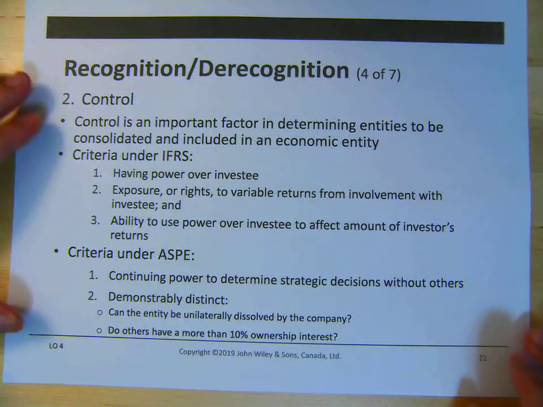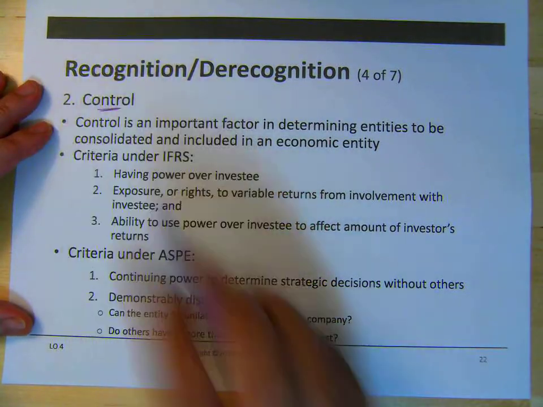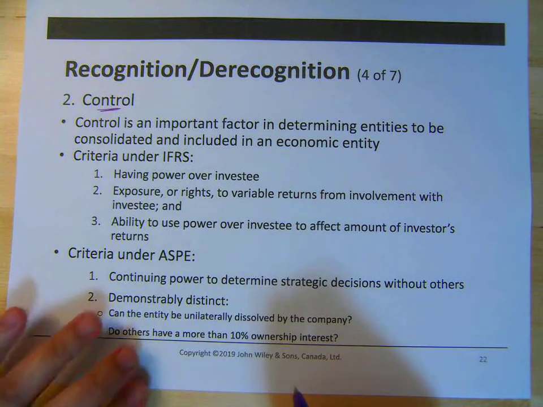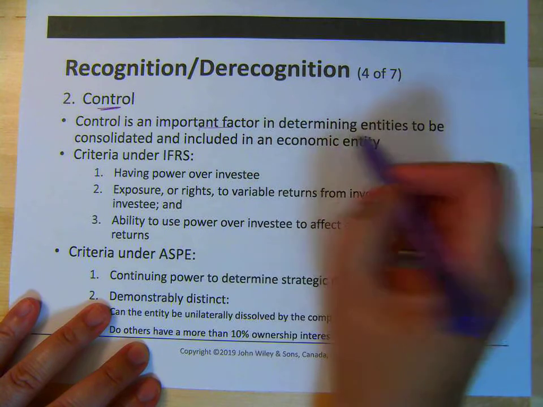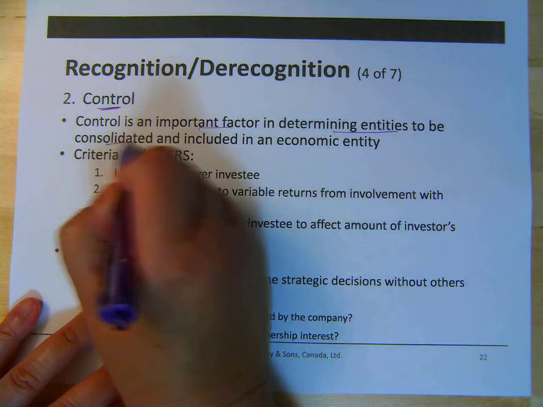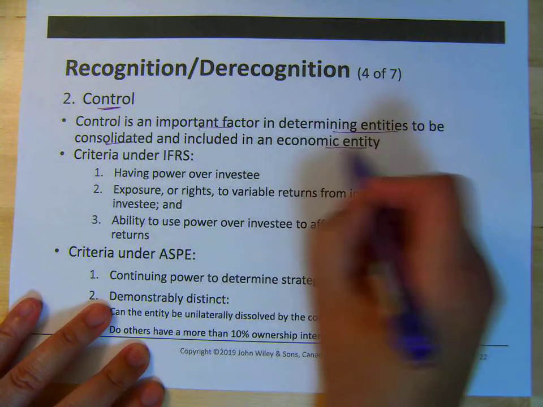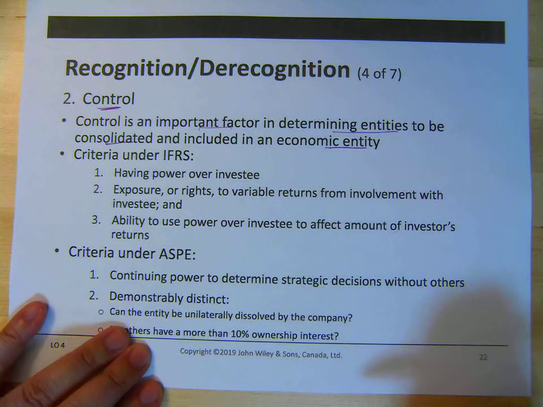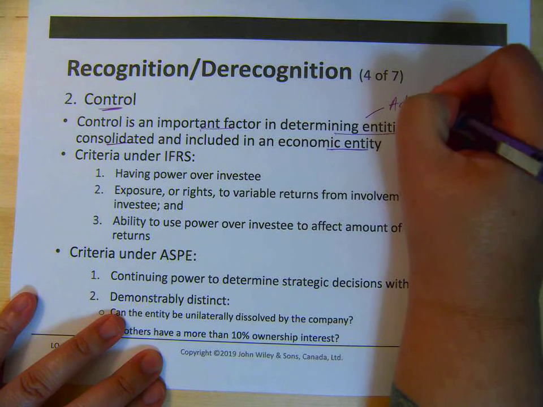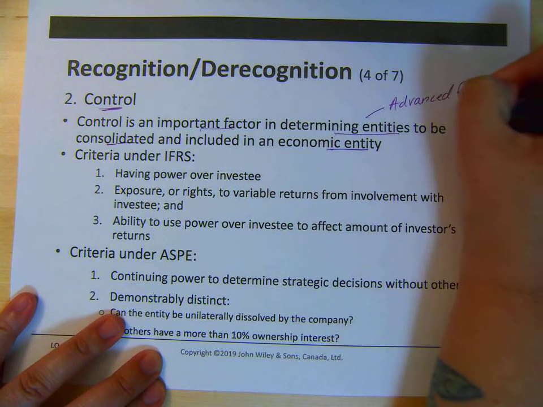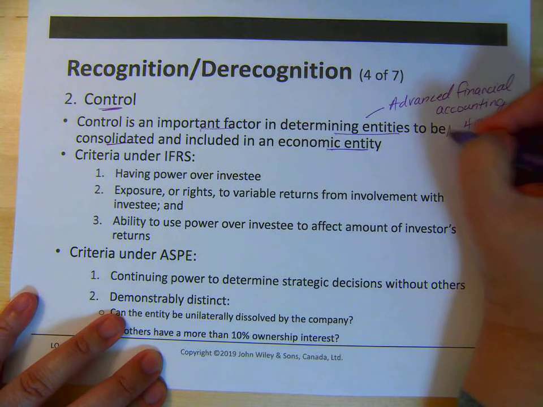22, control. Now control is one that might be new to you. It's an important factor in determining entities to be consolidated and included in an economic entity. Now, this you're not going to use a lot unless you go and take advanced accounting, financial accounting, Accounting 410.